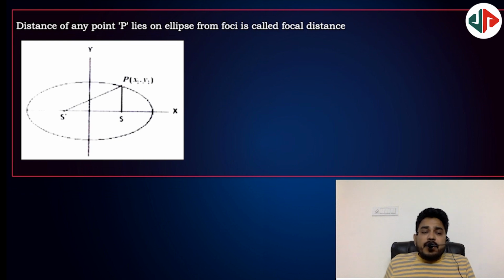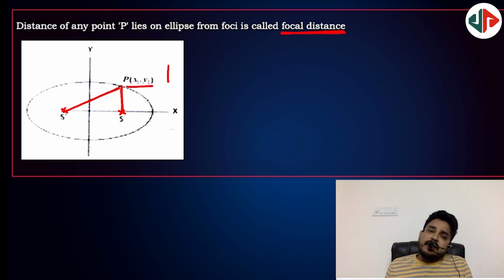What is meant by the focal distance? See, this is the ellipse. Here one focus is the point S. SP is the focal distance of point P from one of the foci. So how will we do it? Here the directrix will be there.